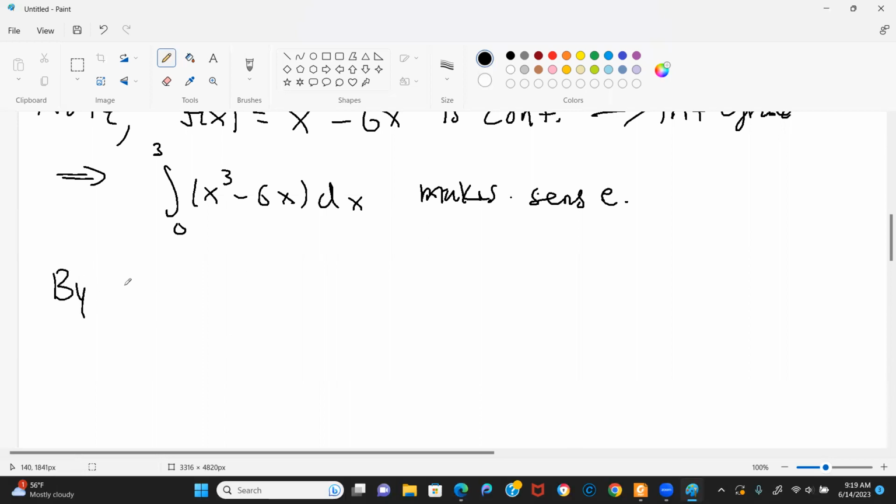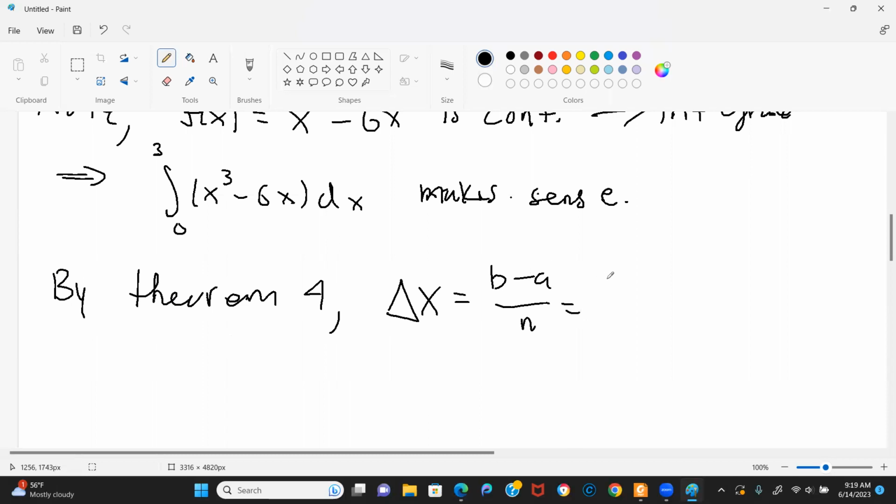So by theorem 4, we know that we can take the width of our ith subinterval, and there's going to be n subintervals, as b minus a over n. Now b is going to be 3, a is going to be 0. So it's going to be 3 over n.